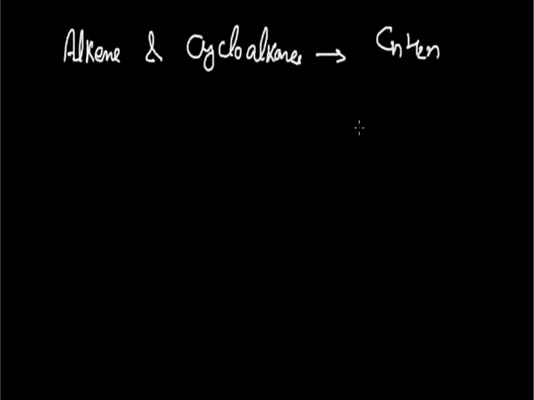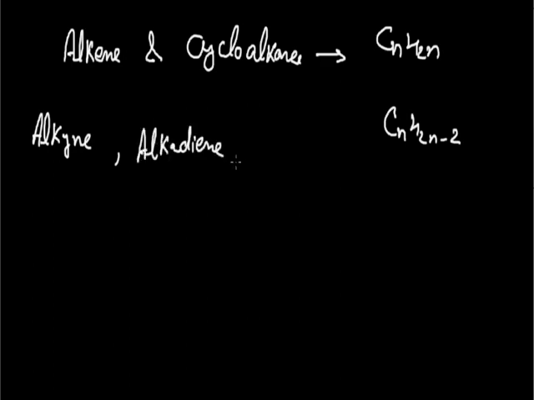Same as if I write the general formula as CnH2n minus 2, then this general formula is followed by alkyne and alkadiene, and also by cycloalkenes.